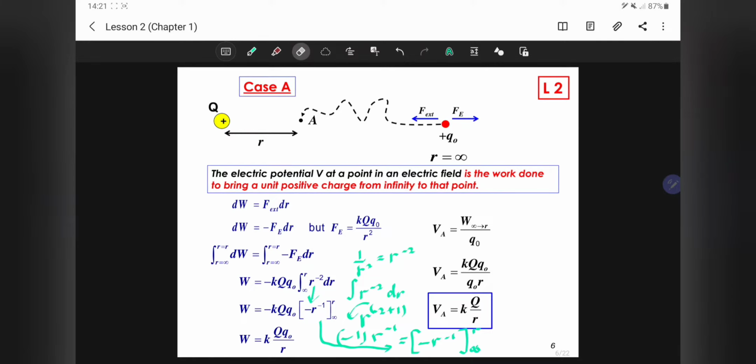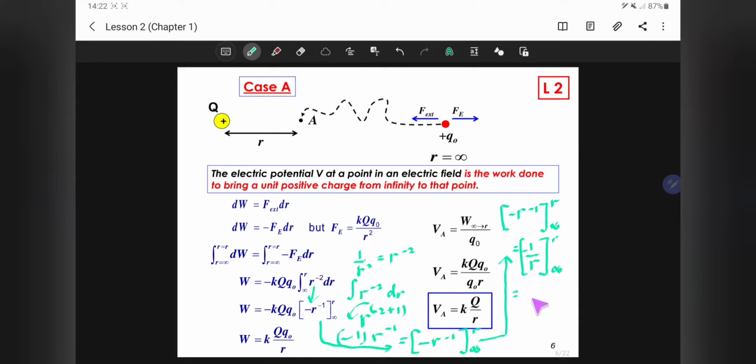One more thing, how do we get this 1 over r from this? Let me show you. Negative r to the power of negative 1 between r and infinity equals negative 1 over r, between r and infinity.